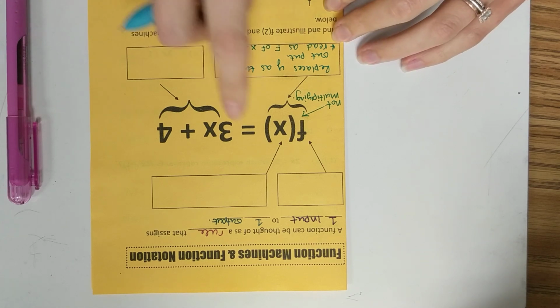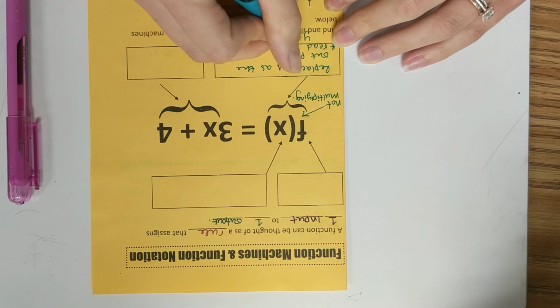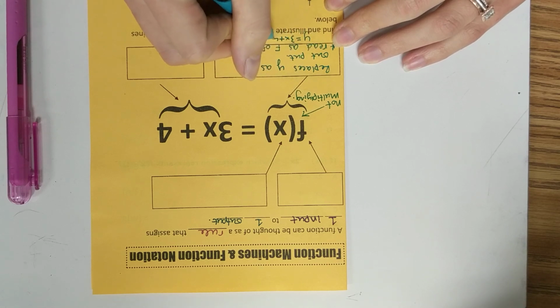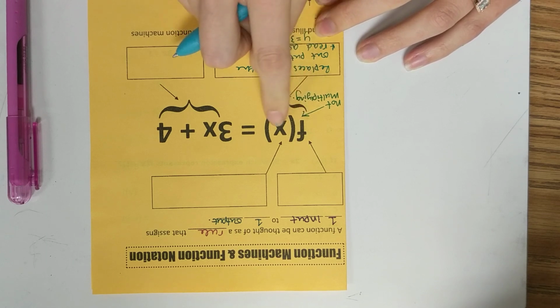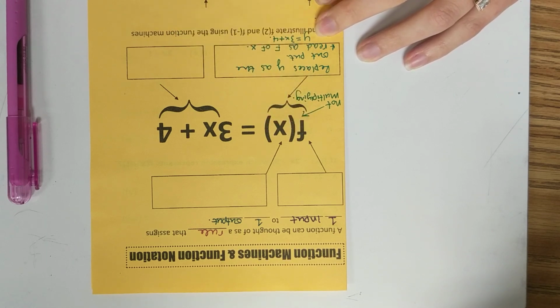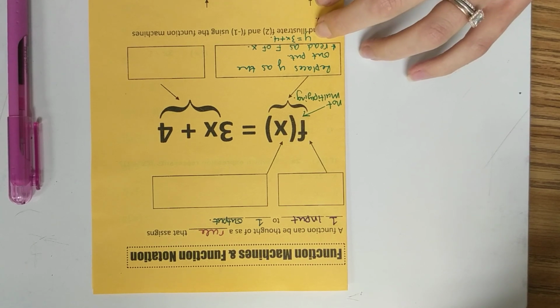The other way that we could write this would be y equals 3x plus 4. So the y was just replaced with this f of x to make it a function, or to make it in function notation.